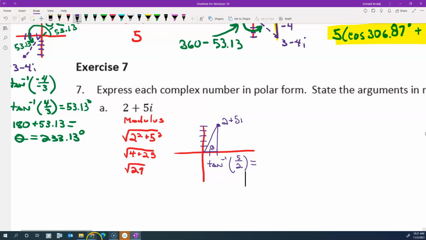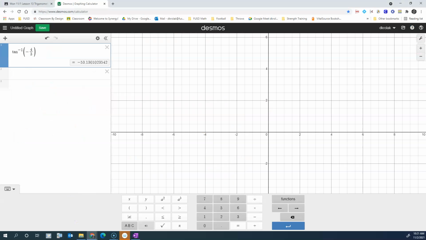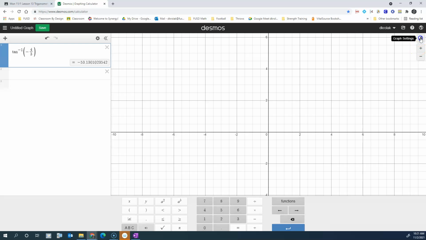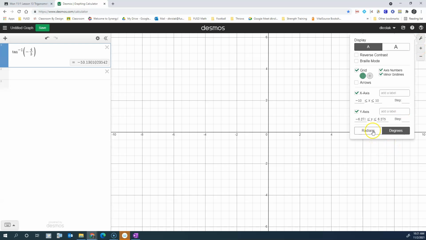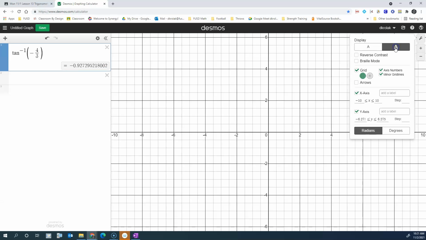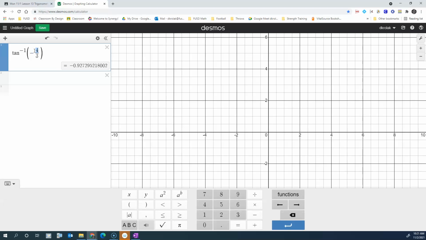So if I'm doing it on Desmos, I go up to the monkey wrench here and I change it to rads. All right, and it's 2 and 5.